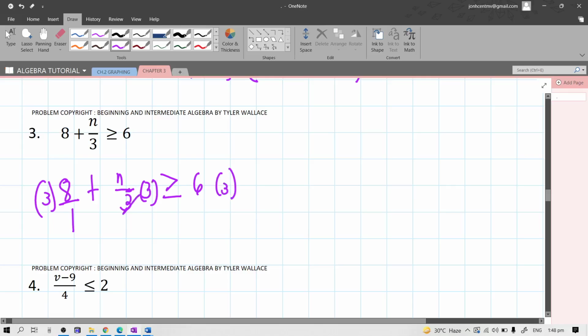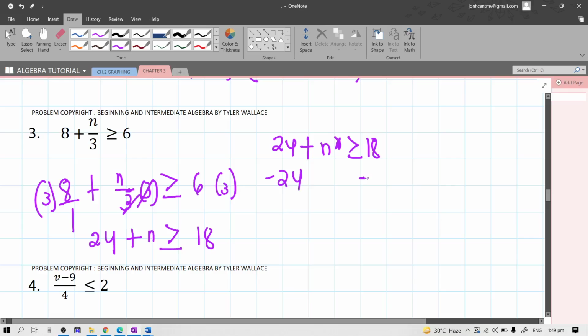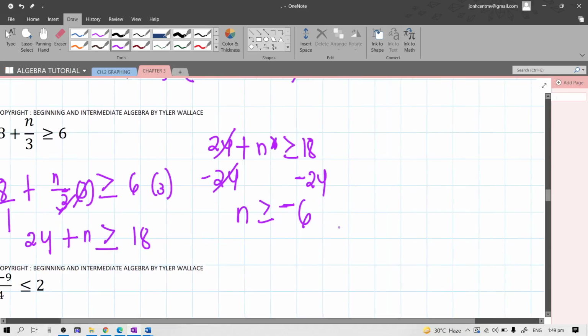So, you will have 24 plus n is greater than or equal to 18. Ganyan ang gagawin mo para matira na lang si n sa left side. So, we will have n is greater than or equal to negative 6, kasi negative 24 and 18. So, this is our inequality now.